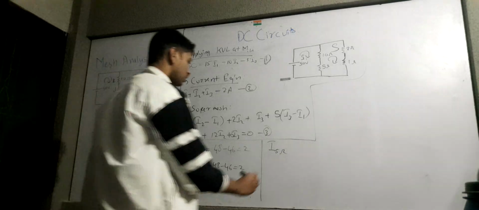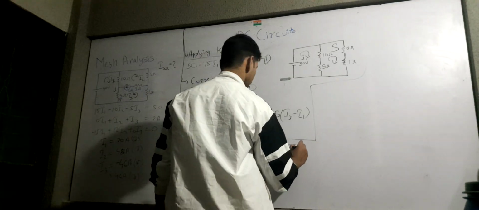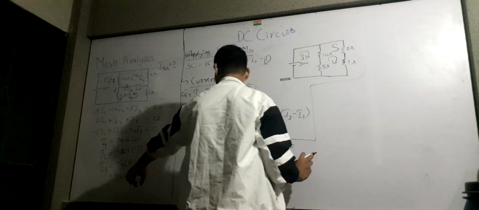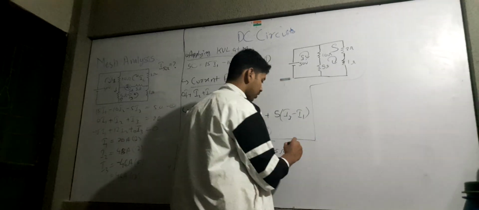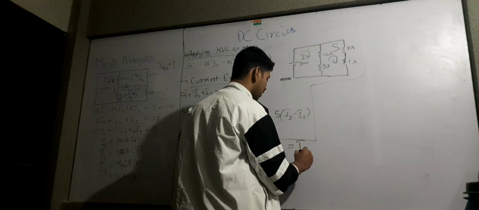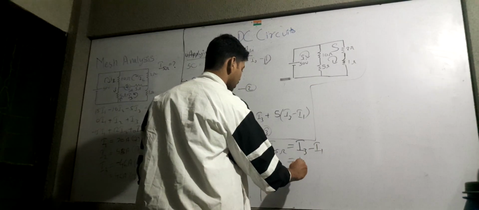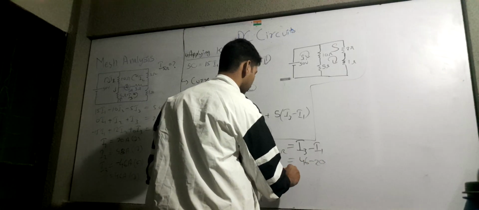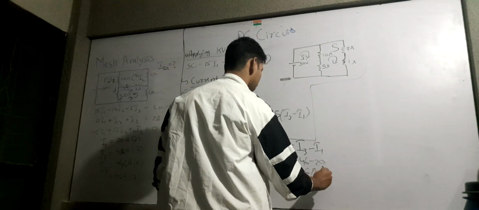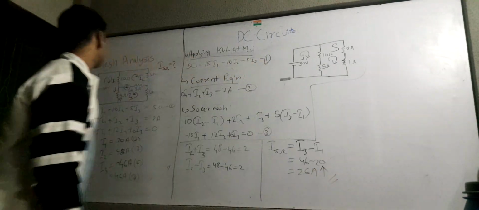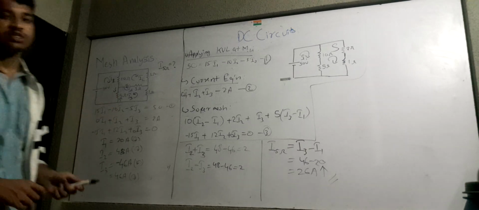So I5 is equal to, since I3 has a greater value, that is 46, and I1 has a lesser value, and also they are in opposite directions, it would be I3 minus I1, which would give you 46 minus 20, that would be 26 ampere in upward direction, and that is the current flowing through the 5 ohms. And this was an example of super mesh. Thank you.